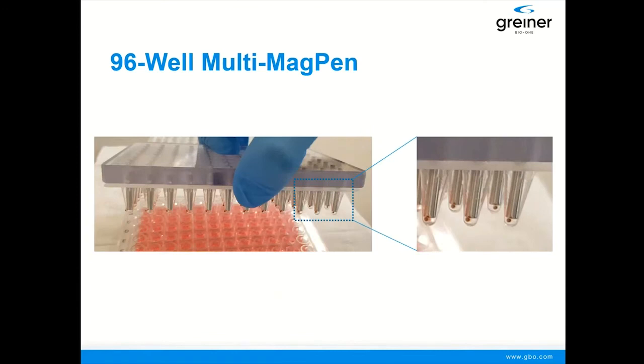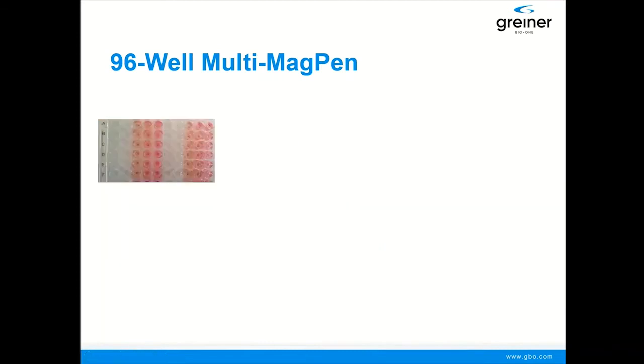And here's how the system works. You have a 96 well plate, and you can see the spheroids attached to this plastic lid, which has a magnet inside. And you can very easily transfer the spheroids. In the exact protocol, you have your plate here, and you have a spheroid in the middle of the plate, as you can see.